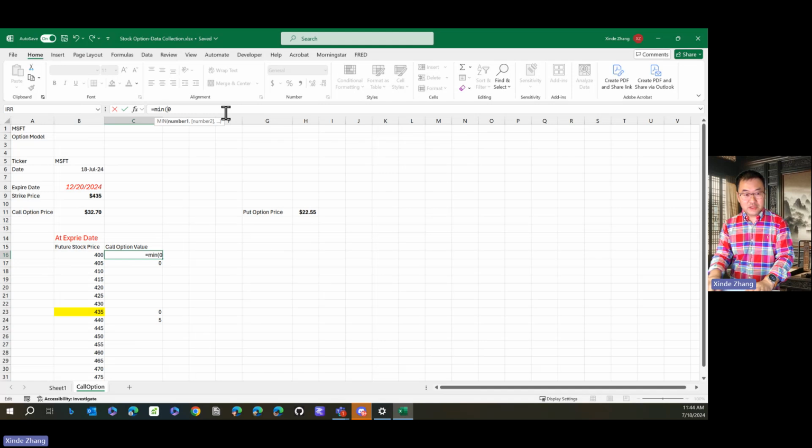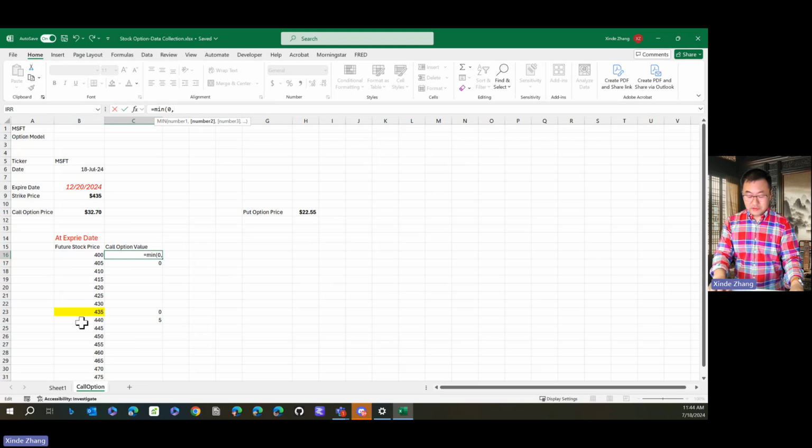The option value is going to be the maximum of 0 or the difference between the stock price and the strike price. Well, the key is which one goes first. For the call option, the future stock price is going to go first.